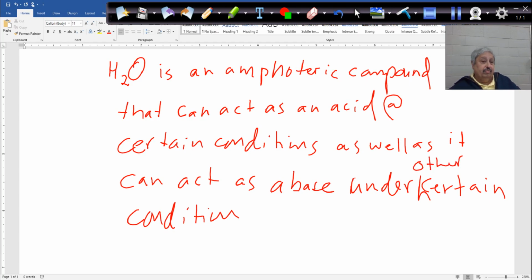Okay, guys, so this is amphoteric. Anytime you get the word amphoteric, it means a compound that can switch character. It has a dual character. It can be an acid, can be a base.